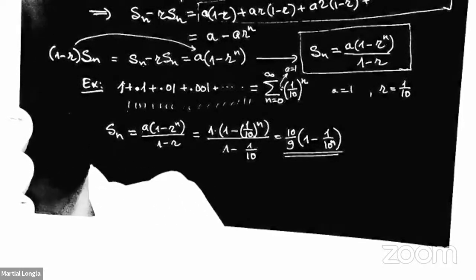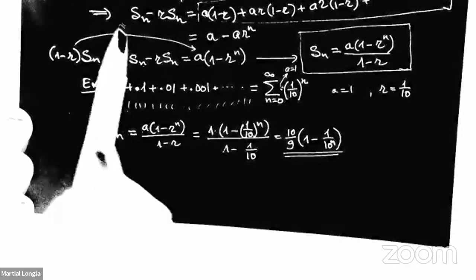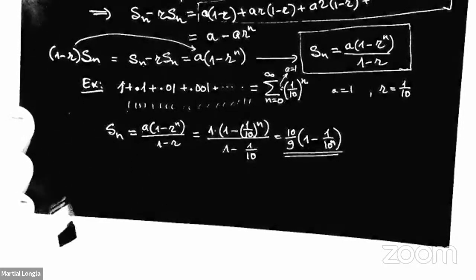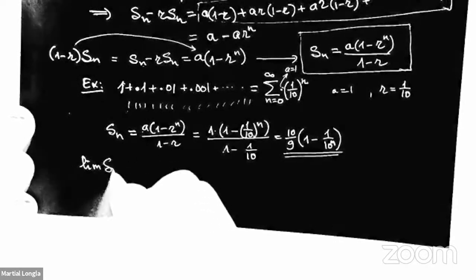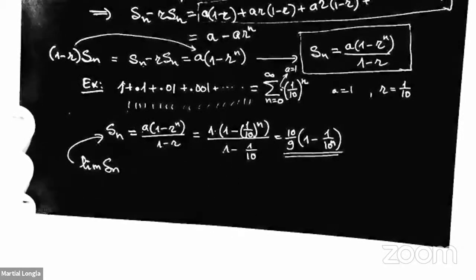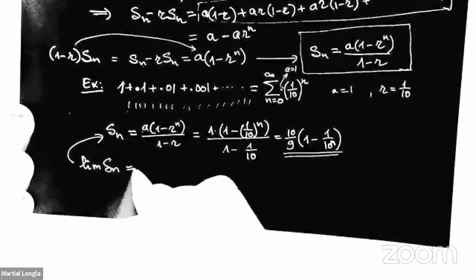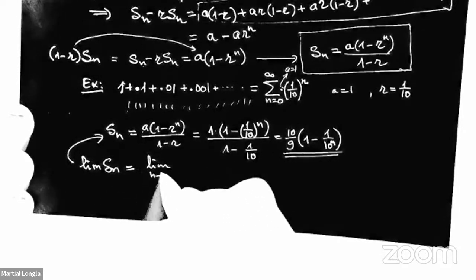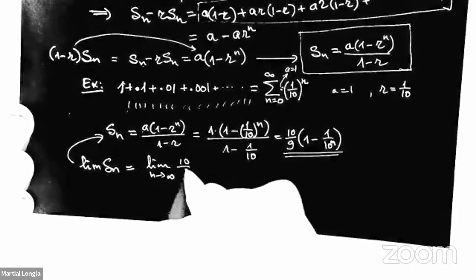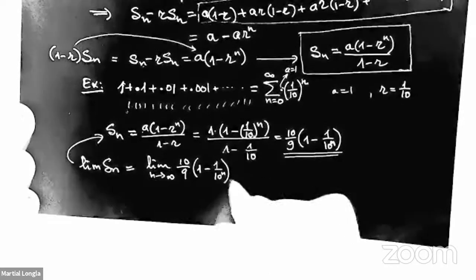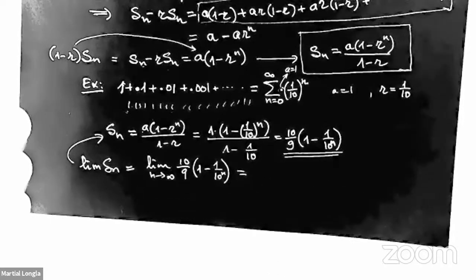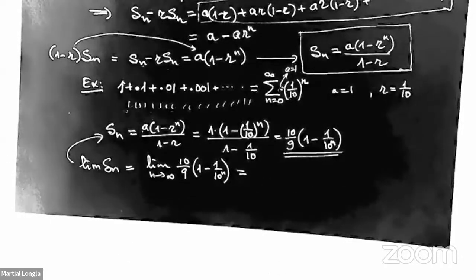And then you might ask yourself, because we were talking about convergence earlier, what's the limit of this sequence? So the limit of Sn in this example is equal to the limit as n goes to infinity of 10/9 times 1 minus 1 over 10 to the power n. And we try to find this limit. You guys help me. What's this limit equal to? 1 over 10 to the power n goes to what when n goes to infinity?